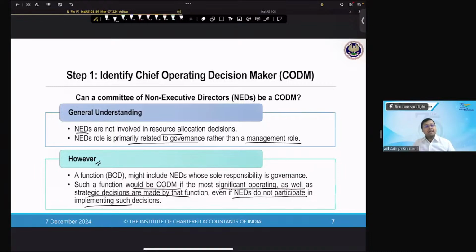So basically, if the board of directors has offloaded this responsibility to a committee, and that committee has non-executive directors on board, then that committee will continue to be a CODM because it is taking the most significant operational and strategic decisions. Are you able to understand? Yes, sir. So that takes care of NEDs.